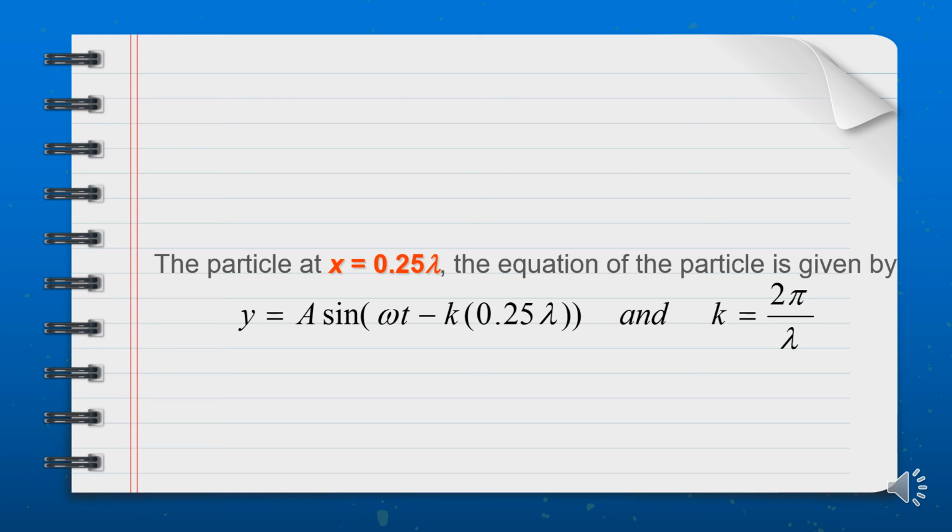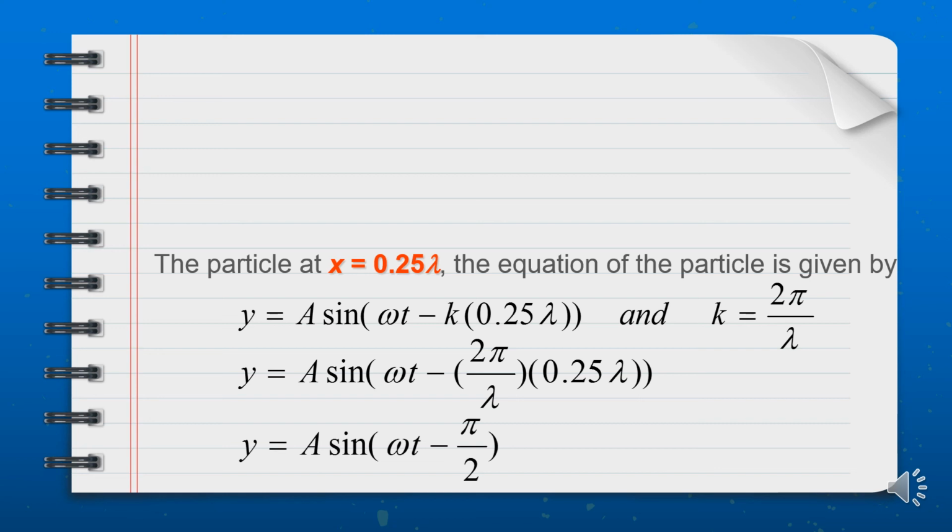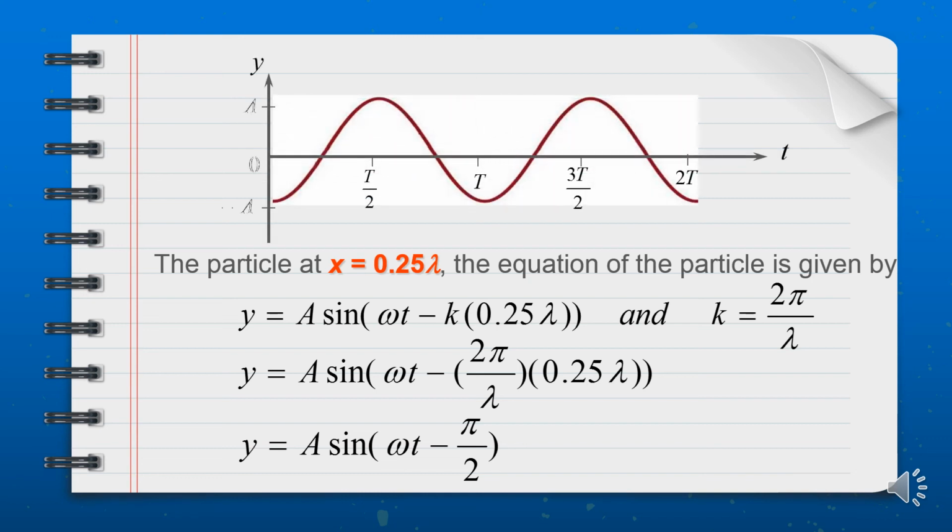We substitute this formula into the formula of displacement. Then we get the displacement equation y equals A sin(ωt − π/2). From this equation, we generate the graph. We identify that the shape of the graph is like this. Graph of y against time when x equals 0.25λ.